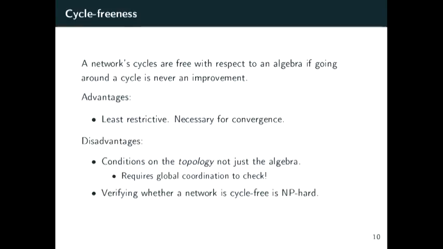Furthermore, actually, in the general case, verifying whether a network is cycle-free, even once, is an NP hard problem. And therefore, even doing one of these checks in the general case is computationally infeasible for any reasonable sized networks. While we're here, for those of you who know about the Gao-Rexford conditions for BGP, they can be interpreted by looking through the lens of cycle-freeness, and they prove that if ASs obey their customer peer provider hierarchy, then the network is guaranteed to be cycle-free.